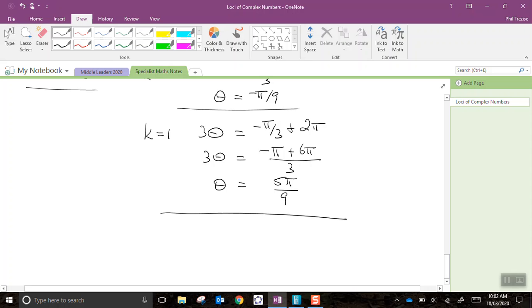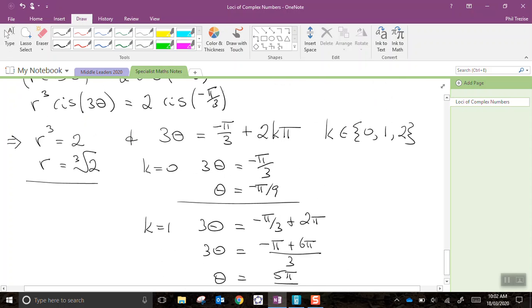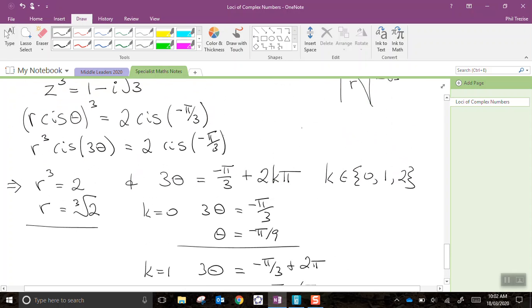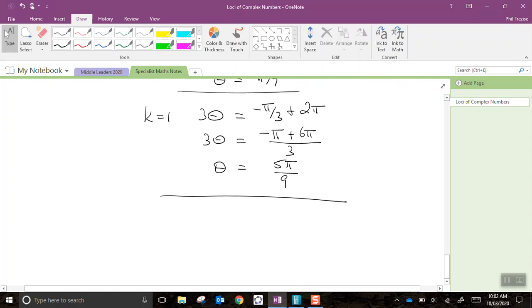So that's good. It's still within the range for the principal argument. I'll just make a quick note that we always want to express our arguments between negative pi and positive pi. We call that the principal argument if it's within those limits.